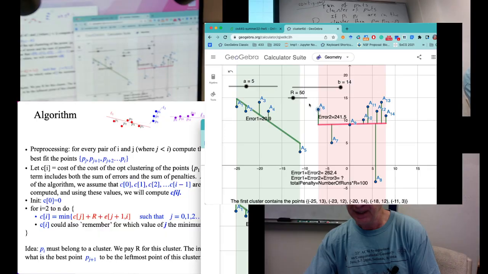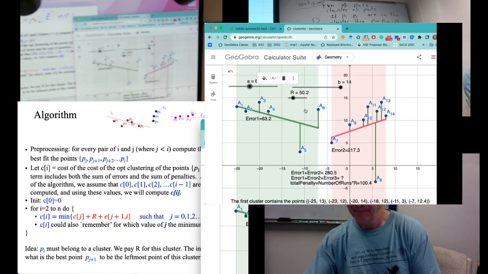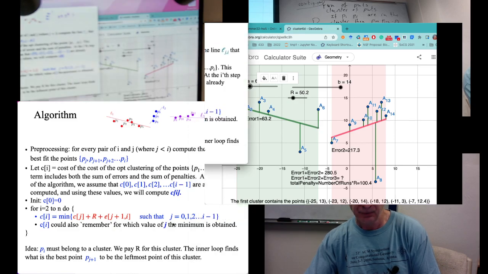Or possibly A6 will be in the same cluster as all the points preceding it. So what will the value of j be in this case? The optimal clustering for A6, including all the points previous to it.